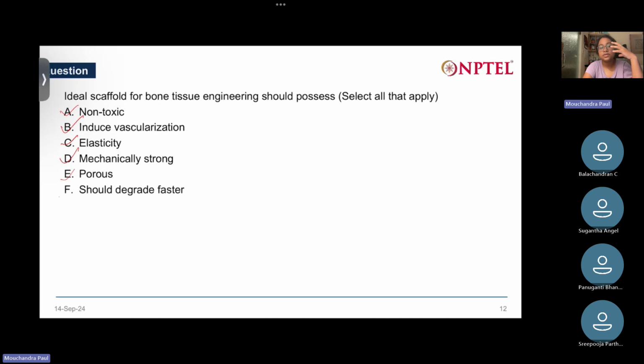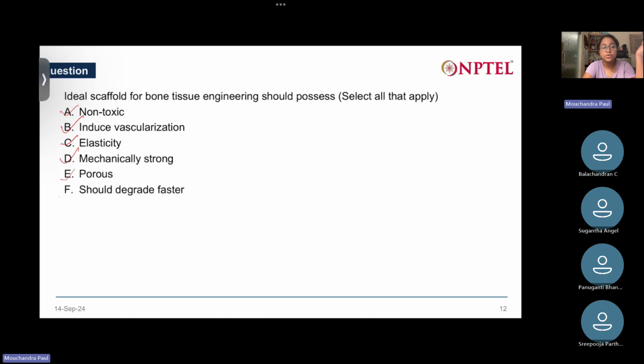As it degrades, the resident cells of the tissue, the host cells, will start secreting their own ECM. So over a period of time, you will see that the material is gone and the cells have secreted their own ECM. What it helps with is preventing a secondary surgery to remove it afterwards.